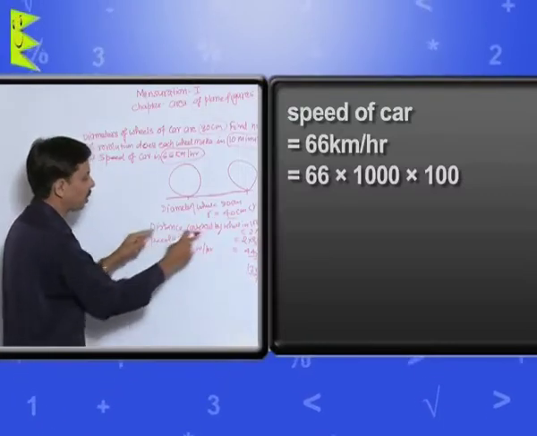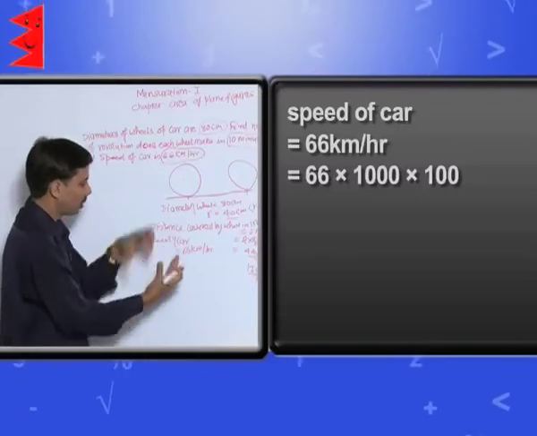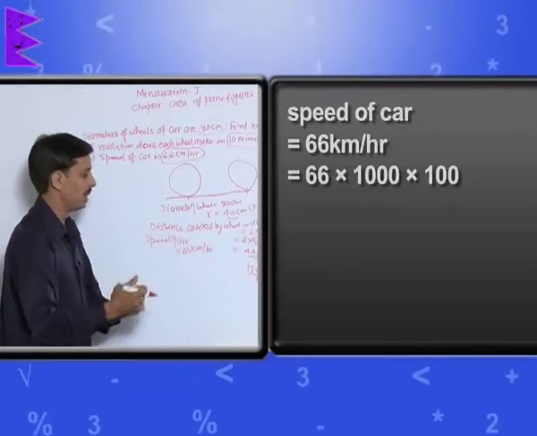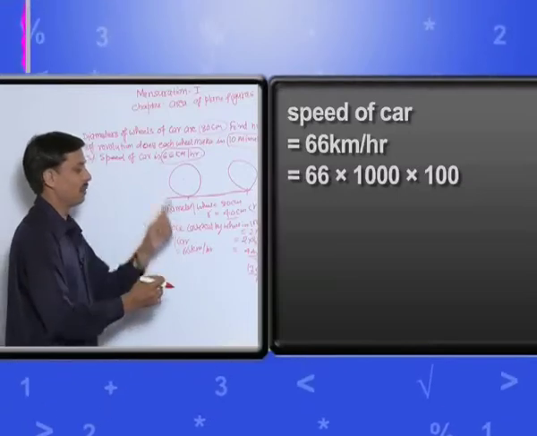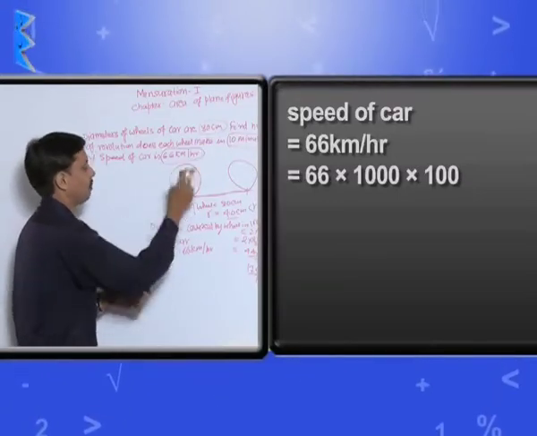So this speed of the car, which is given 66 km per hour, we need to convert it in what? Meter per minute. If we convert in meter per minute, then we will multiply by 100, and now we will convert it in centimeter per minute.